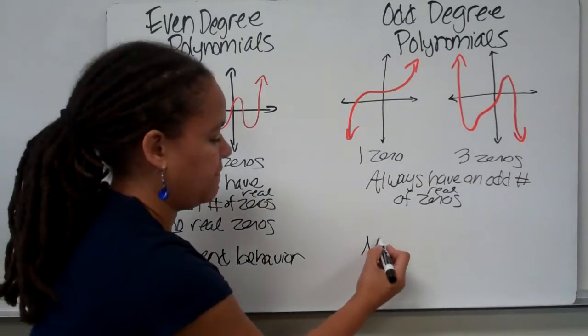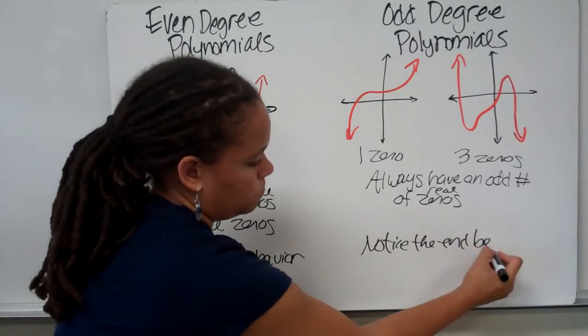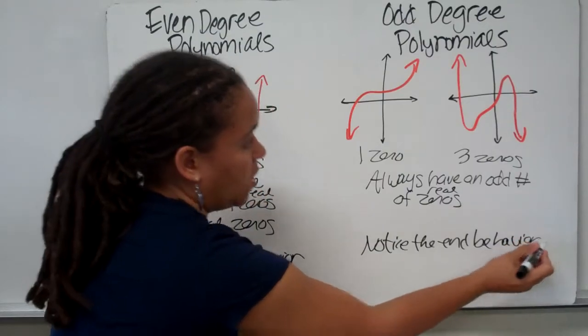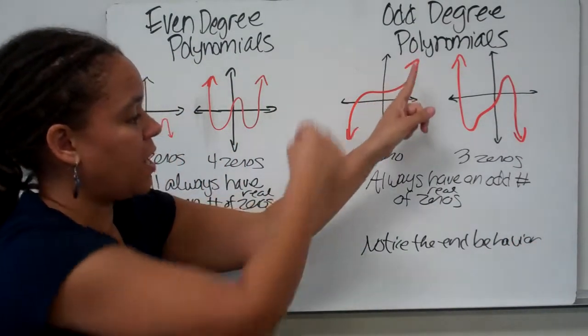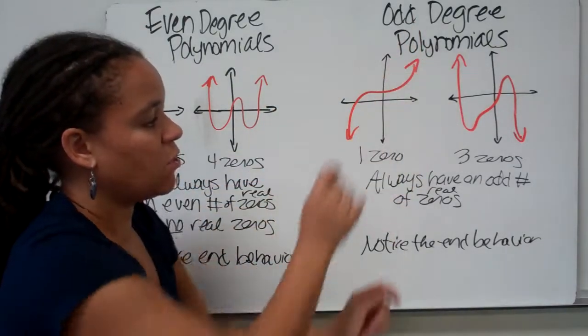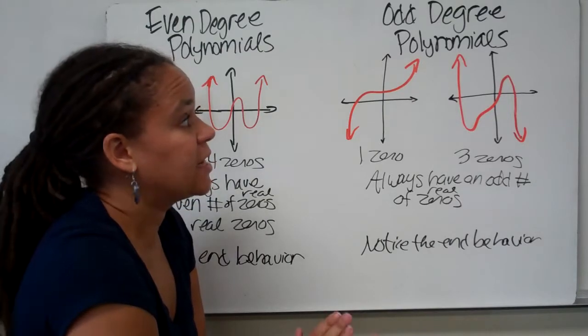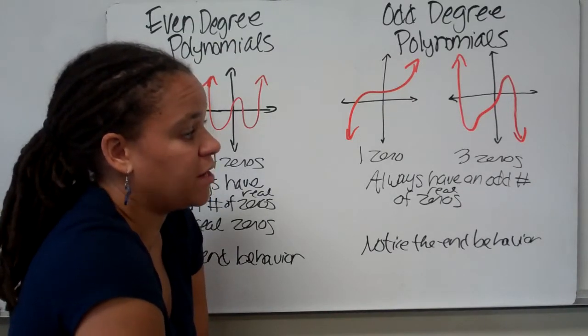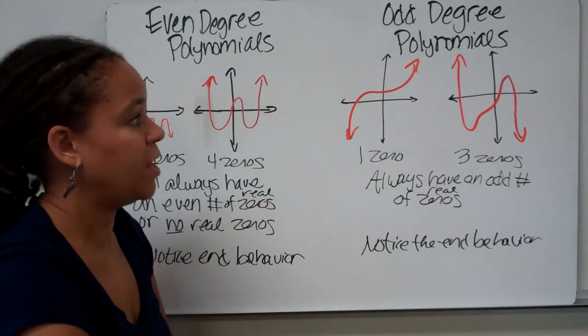And also notice the end behavior. All right, so notice these, they go in opposite ends. This one's going up, this one's going down. This one's going up, this one's going down. So you know that a polynomial is an odd degree, or has a degree of an odd number, if the end behaviors are in fact going in the opposite direction.